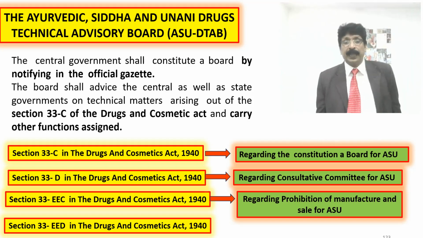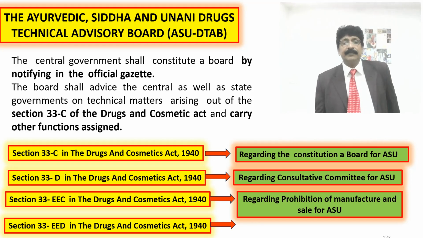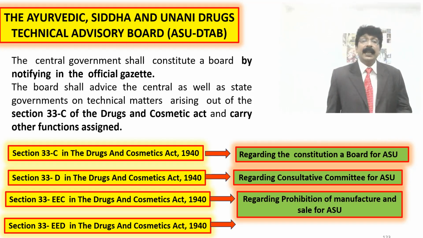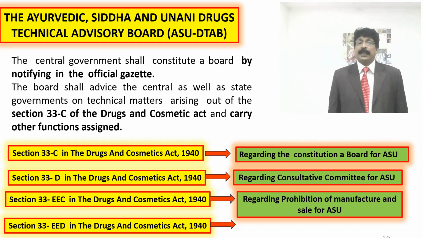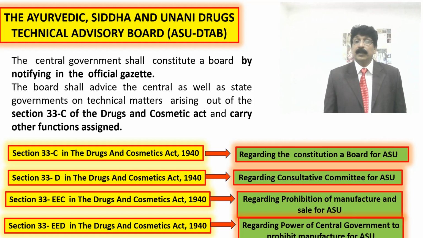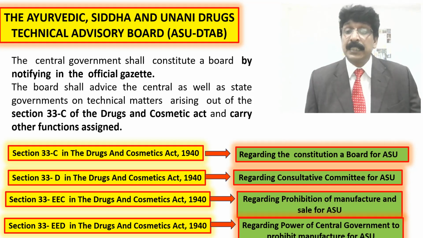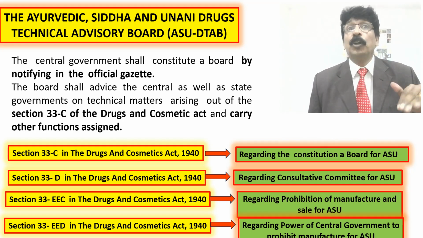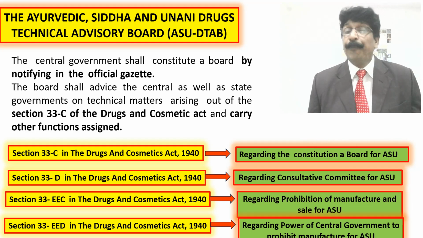And Section 33EED in the Drugs and Cosmetics Act 1940, which we are going to discuss, regarding the power of the central government to prohibit manufacturing.